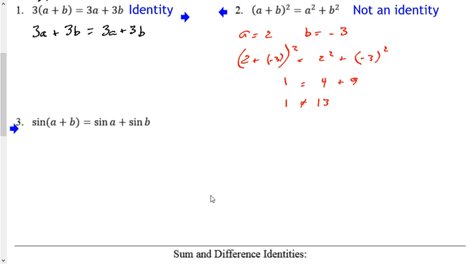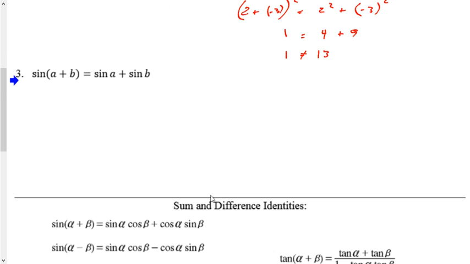Well, that's all leading us up here to number 3. Number 3, is this an identity? Well, let's begin again by choosing some values for A and B. So let's say that A is equal to 30 degrees and B is equal to 60 degrees. So then I'll have the sine of 30 degrees plus 60 degrees.